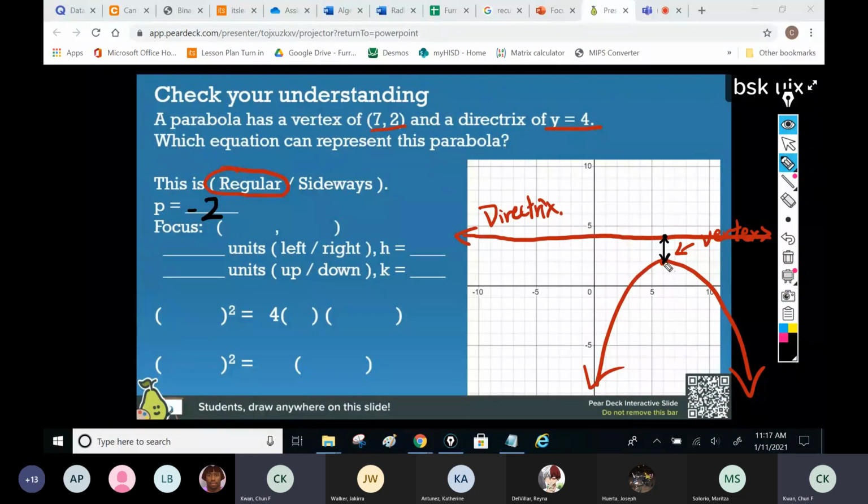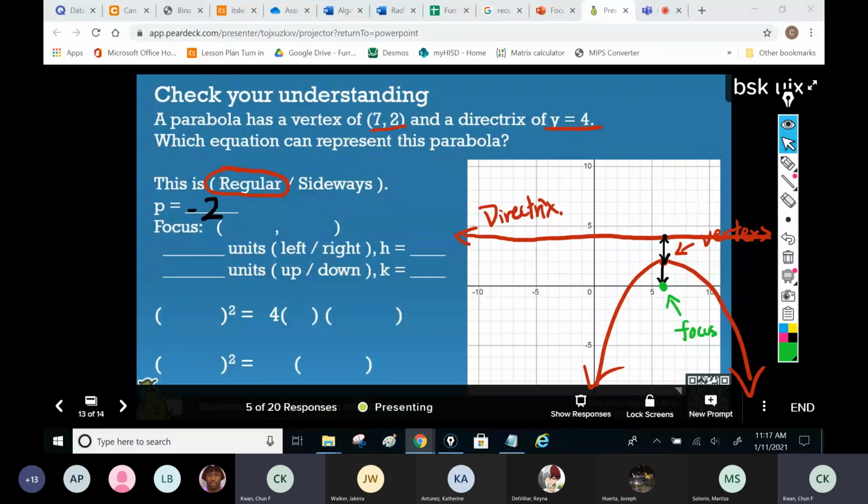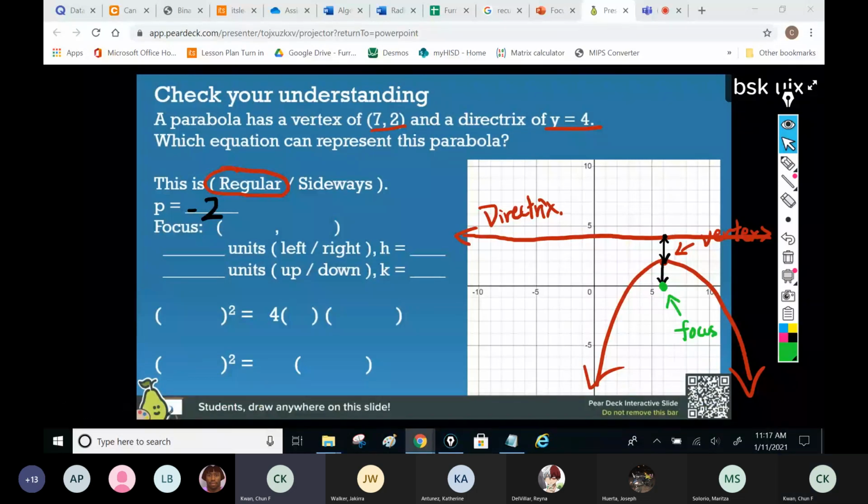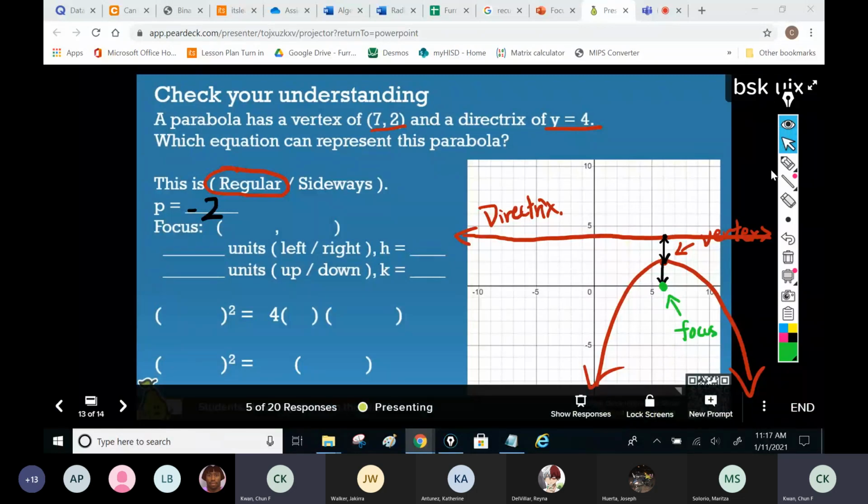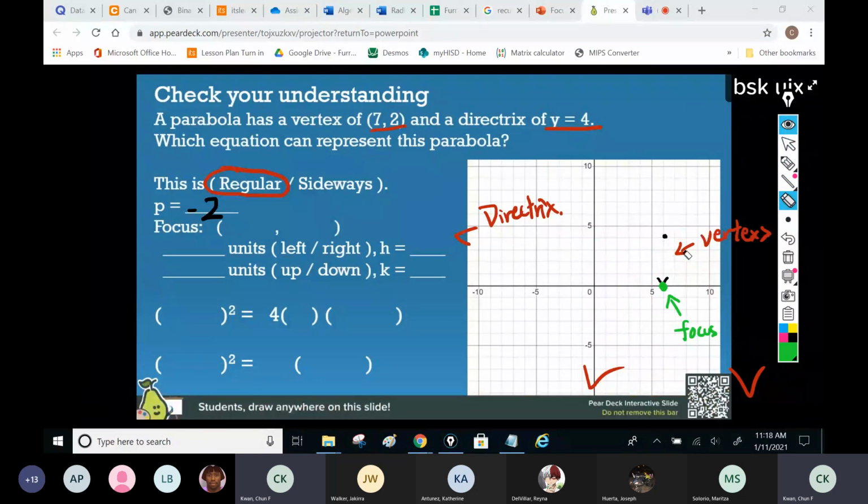All right, so you're going from right here, the vertex, and you go 2 units down because the focal length is 2. That will get you right here. That would be your focus. Oh, wait, hold up. This is (7, 2), but I put (6, 2). Sorry, my bad.